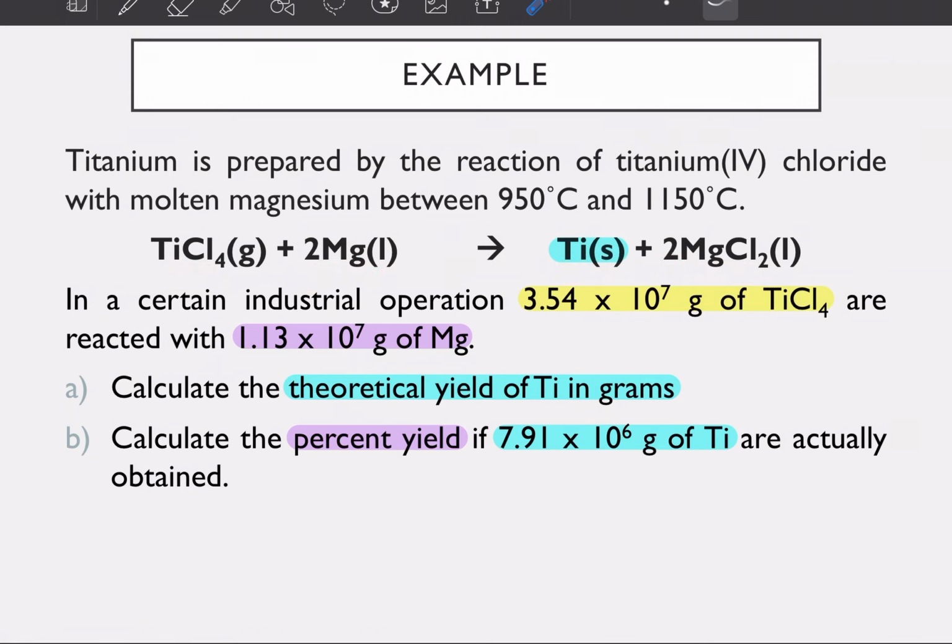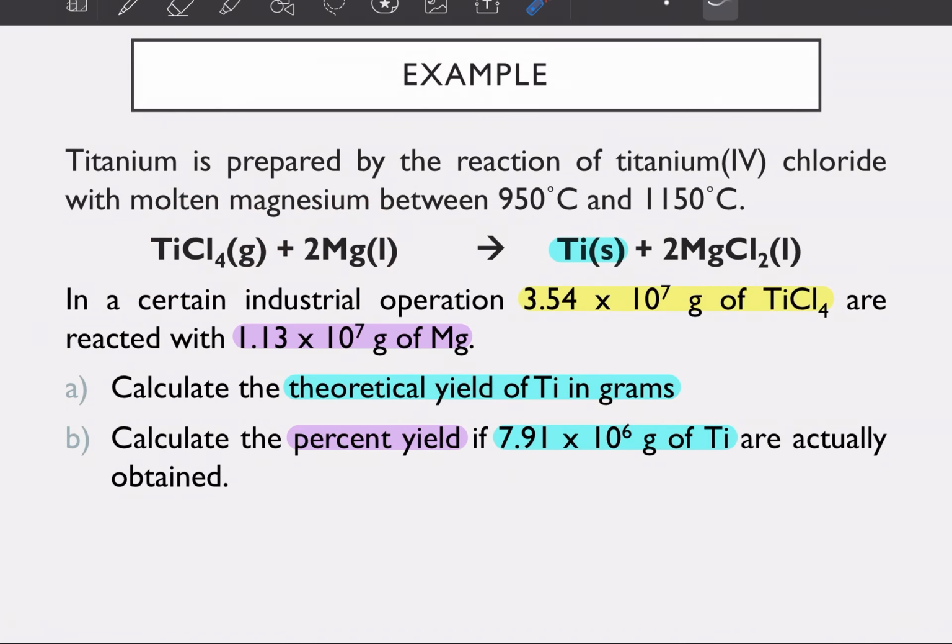Okay, so in a certain industrial operation, this mass in grams of titanium chloride are reacted with this much of magnesium. Okay, so sekarang ni dia dah bagi tahu the mass of your titanium chloride and magnesium, your two reactants.